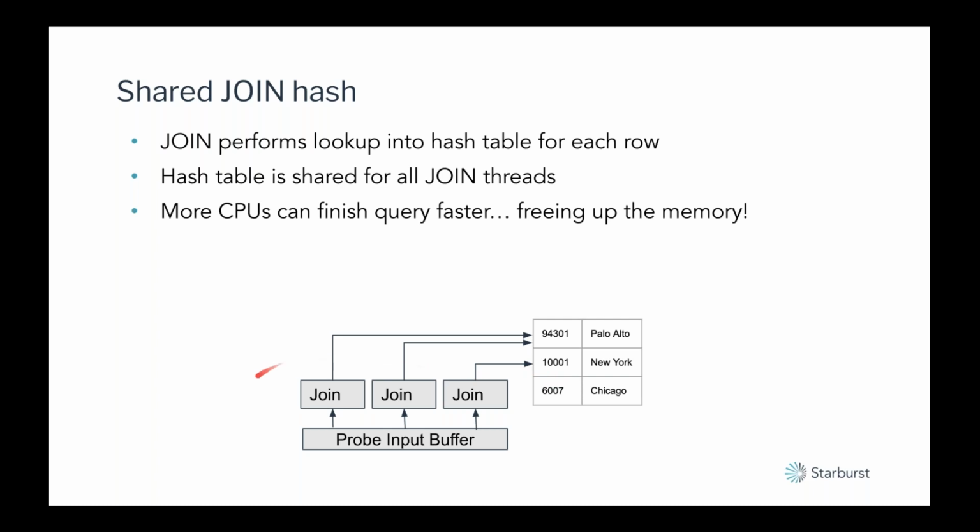But I'm actually able to throw more threads at it, which means that I can finish that 1,000,000 rows faster, which means I can free that memory up faster and use it for something else. So the multi-threading actually leverages the memory, because I can clear the memory and use it for something else, which means I effectively get more usage out of that memory, if that makes sense to you.